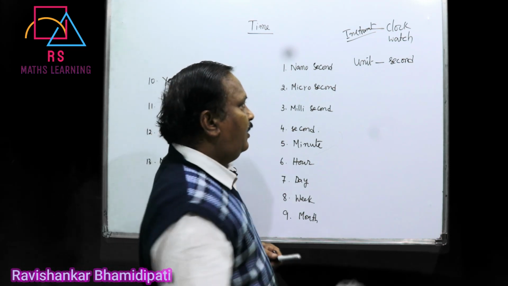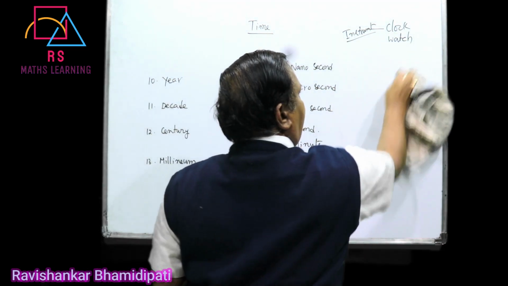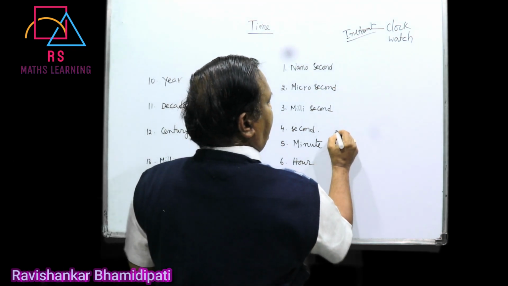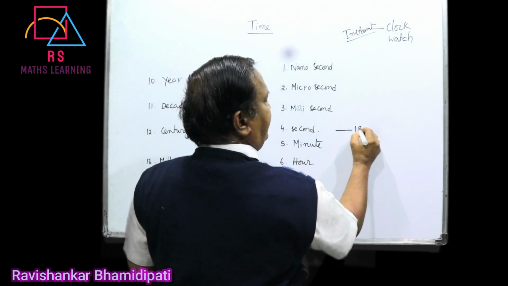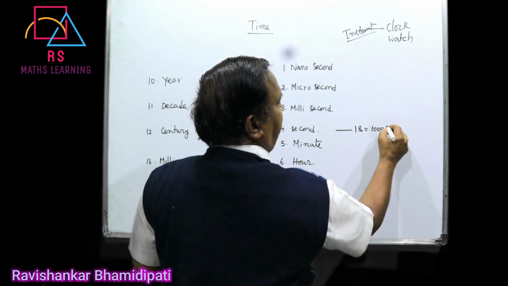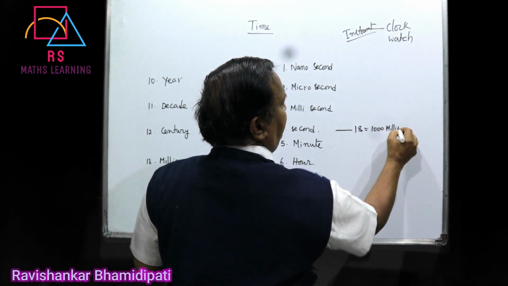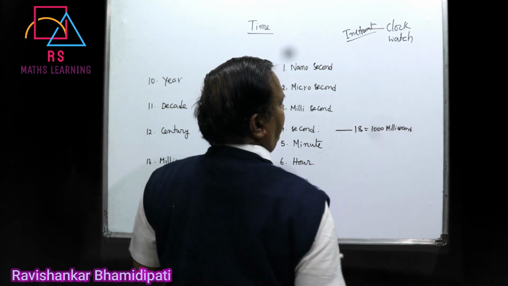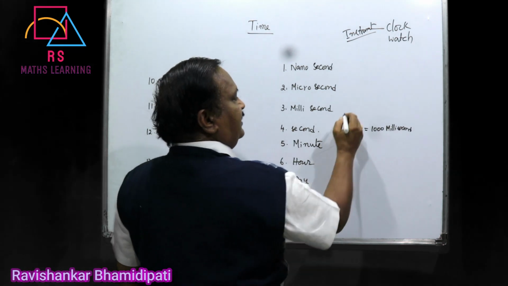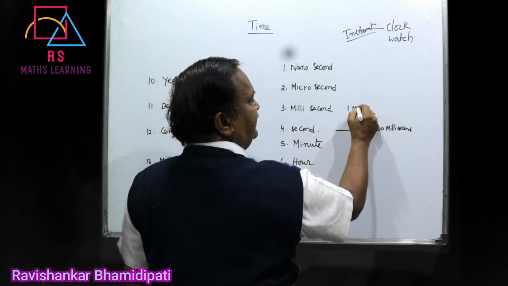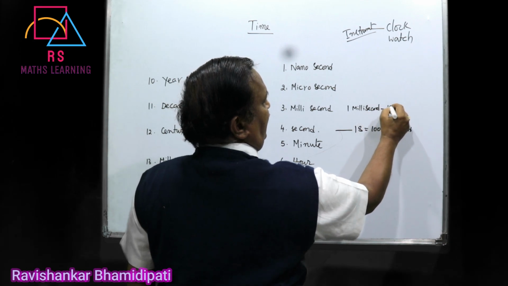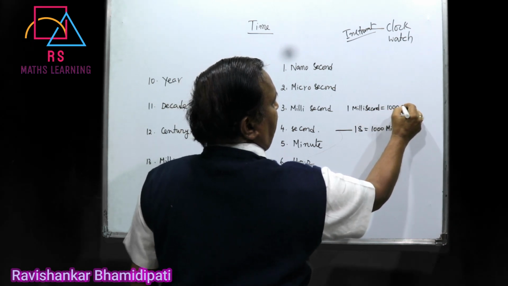Let us see how these will be converted, right? So now here 1 second is equal to 1000 milliseconds. Okay, we will go. That means again 1 millisecond is equal to 1000 microseconds.